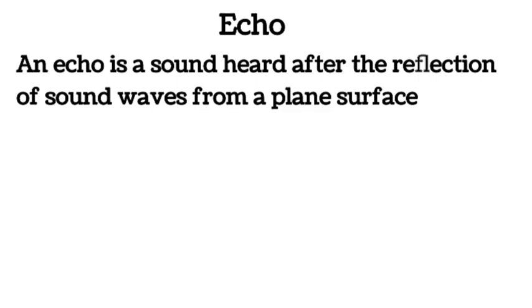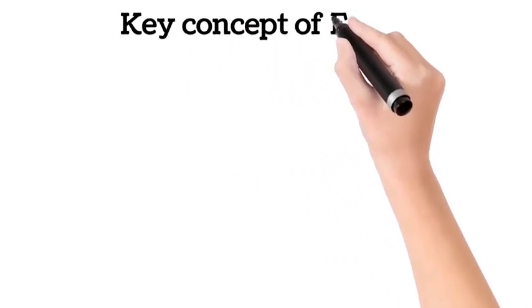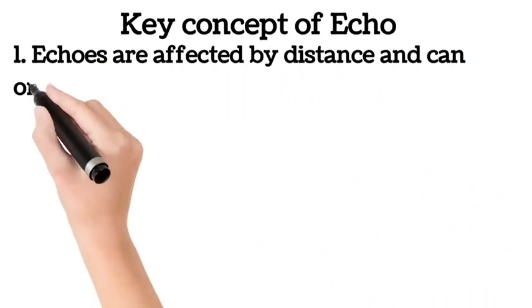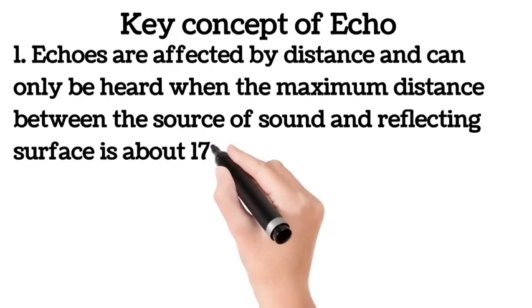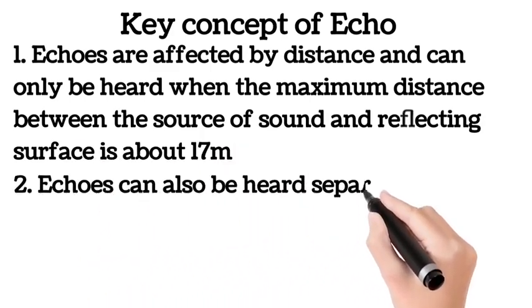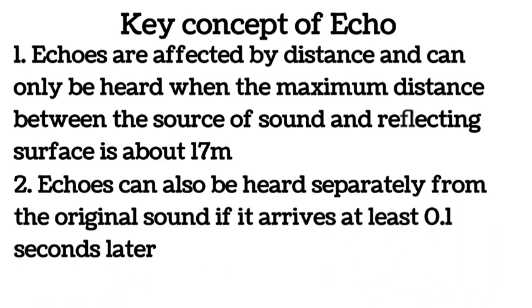Now let's look at some key concepts of echoes. Firstly, echoes are affected by distance and can only be heard when the minimum distance between the source of sound and reflecting surface is about 17 meters.